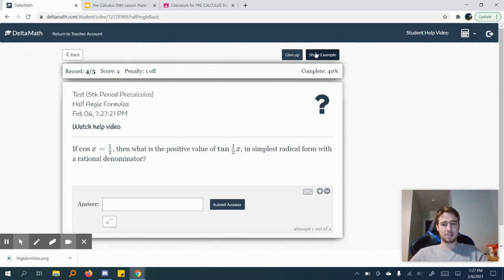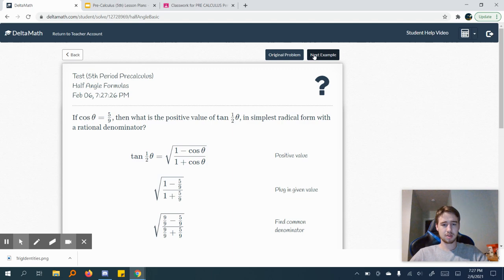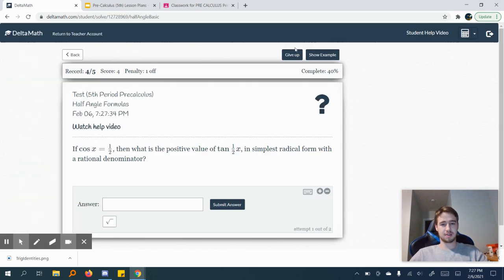Let me make sure and see if they ever show you half angles on tangents. They do. And that's going to be root of 1 minus cosine over 1 plus cosine. So I'm going to try one more problem to see if they'll show us that. Oh, that is this.